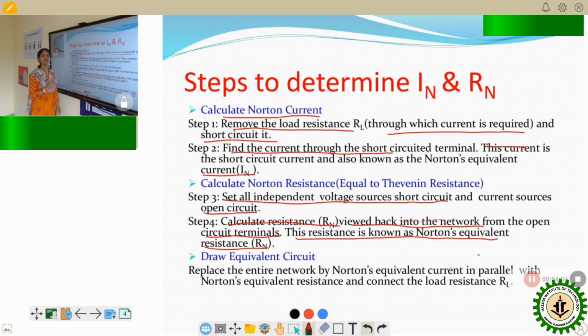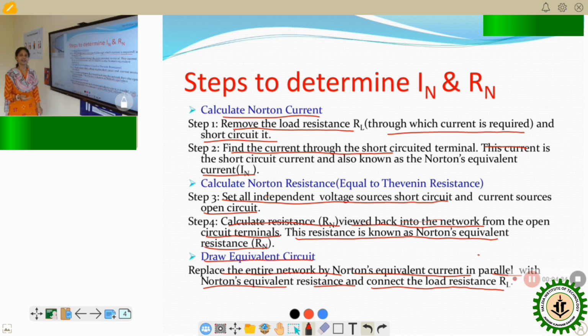So after calculating IN and Rn, draw the Norton's equivalent circuit. That equivalent circuit consists of Norton's equivalent current in parallel with Norton's equivalent resistance. Replace the entire network by Norton's equivalent current in parallel with Norton's equivalent resistance, and connect the load resistance RL.